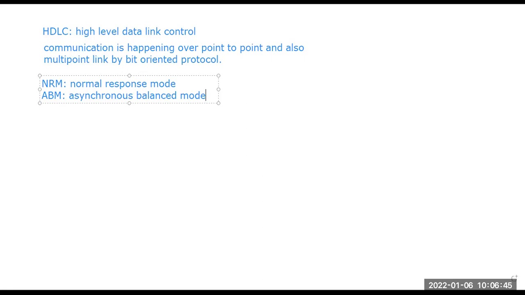It is unbalanced. How the scenario looks we will see through a diagram, but let us first talk about the idea. In NRM the station configuration is unbalanced. We have one primary station and multiple secondary stations.